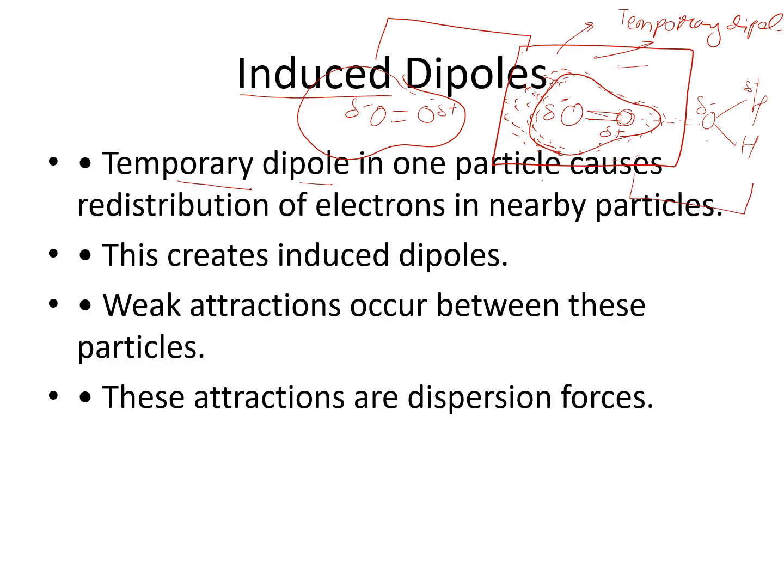So these two interactions are called dipole and induced dipole interaction, and induced dipole and induced dipole interaction. This is dipole and induced dipole, the first one that I have drawn the diagram for. I will write: dipole, induced dipole interaction.